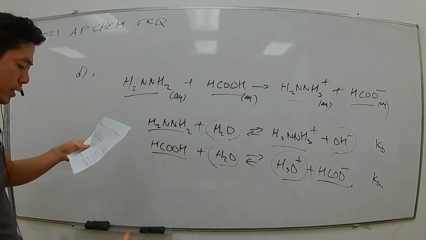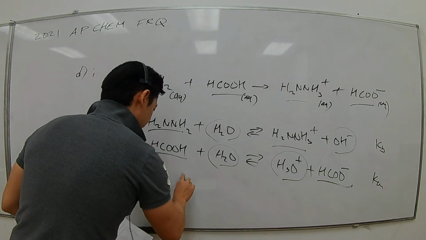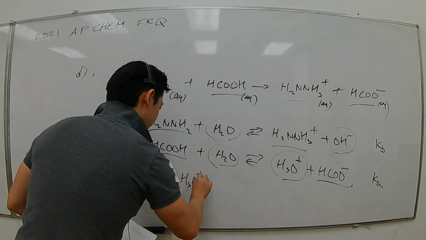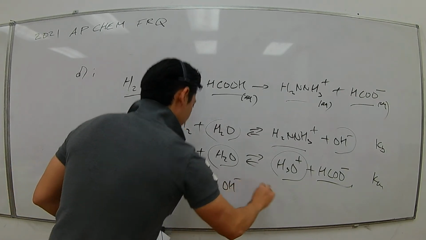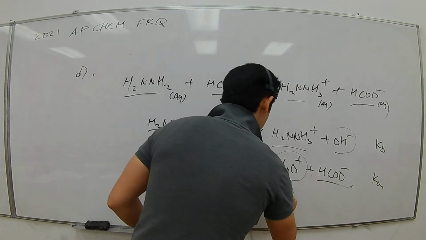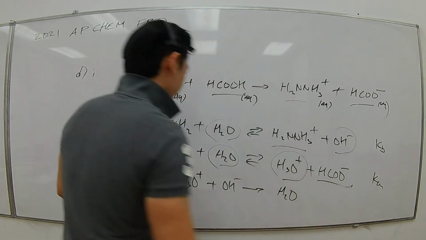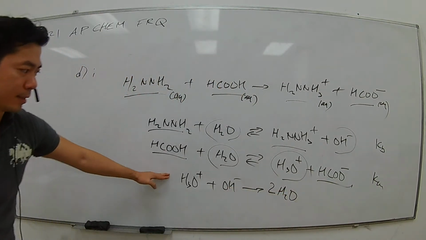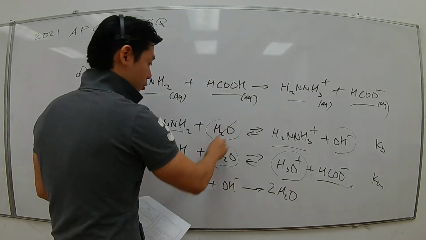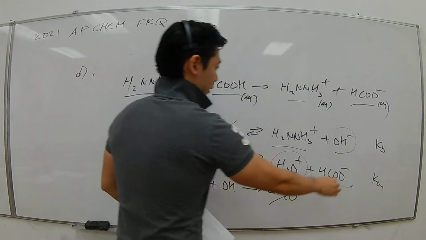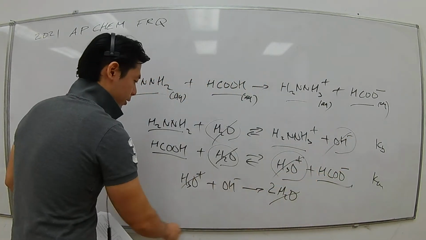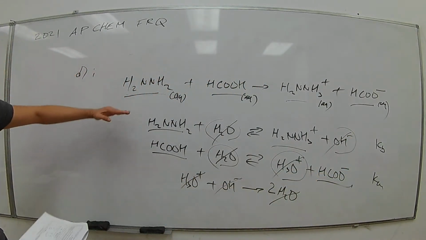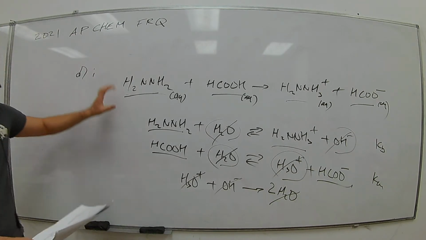So I'm going to write the equation where H3O plus and OH minus turn into 2H2O. By adding this, now you can say H2O is going to cancel out, and OH minus and H3O plus are going to cancel out. If you add this reaction, then you're going to get this.